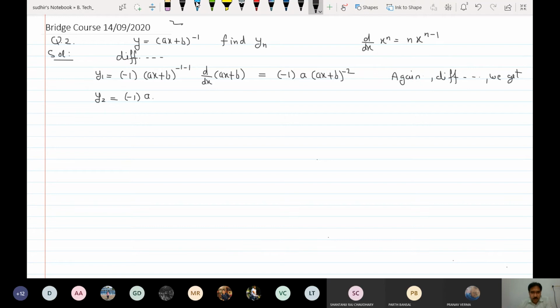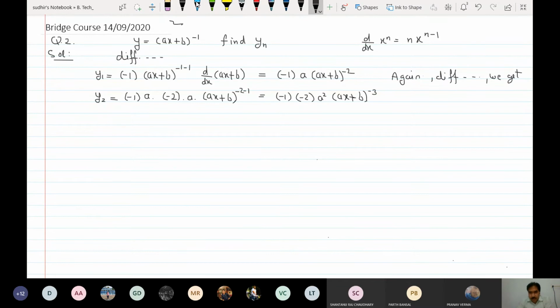Again we'll apply the same formula, minus 2 into a into (ax plus b) raised to the power minus 2 minus 1. So again we can write it as minus 1 into minus 2, a square, then (ax plus b) raised to the power minus 3.